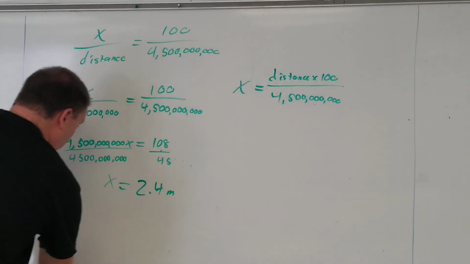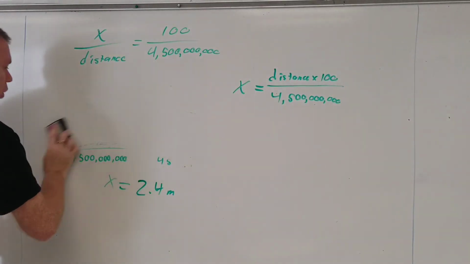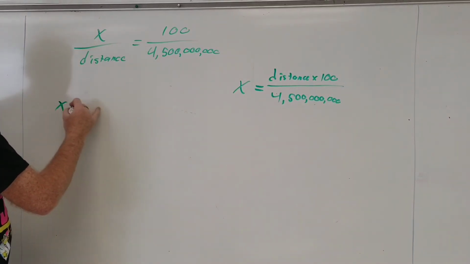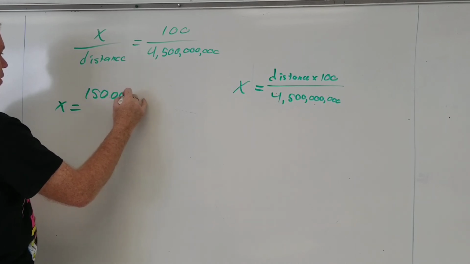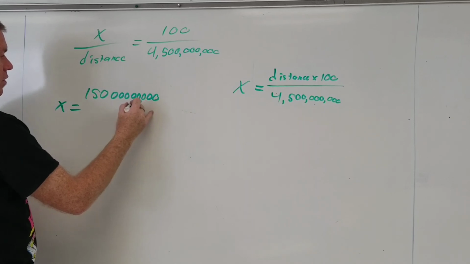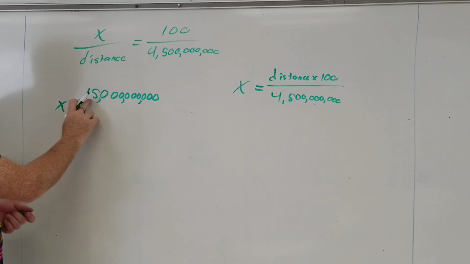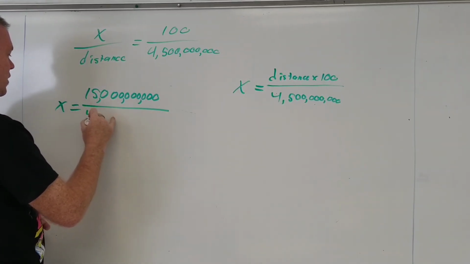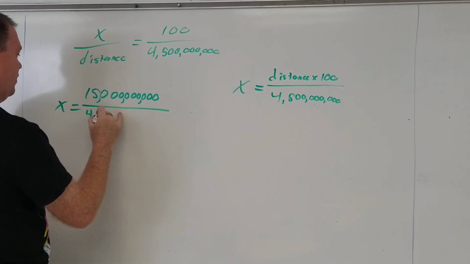So if we were going to do one more together, we're just going to focus on this here now. I'm not going to do the whole problem here now. The next one we'd have to do would be Earth. So x is going to be equal to the distance to Earth, which is 150 million, times 100, which means we just add 2 more zeros. So it becomes 15 billion divided by 4,500,000,000.